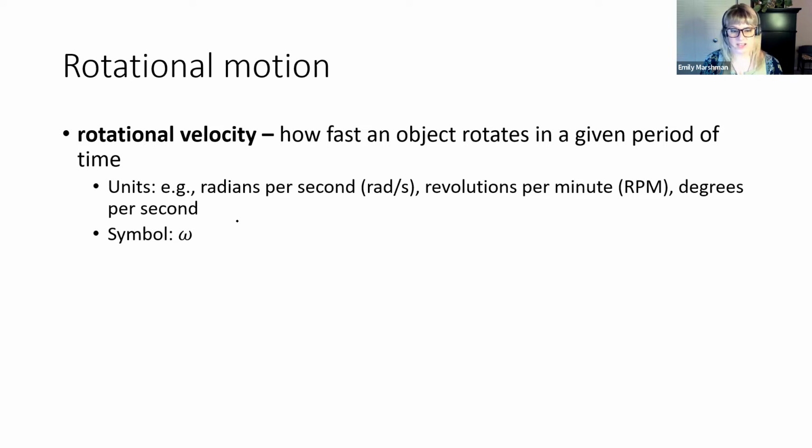The units for that is going to be the rotational distance divided by a time. So it could be radians per second as one unit for that. Revolutions per minute is another very common unit of rotational velocity. You could even say degrees per second. In this class, we'll mostly stick with radians per second.